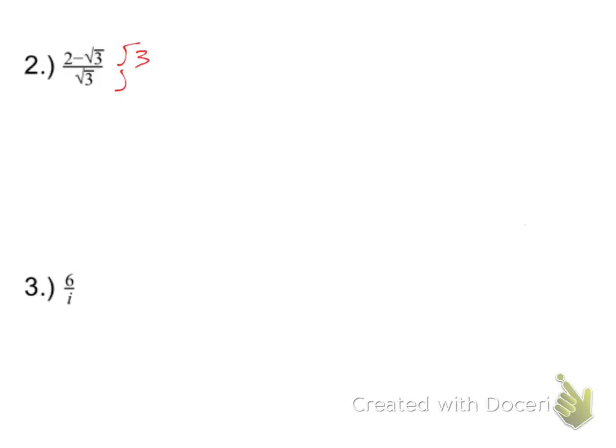Square root of 3, square root of 3. But the top, guys, has a binomial on it, which means you need to distribute it. Square root of 3 times square root of 3 is just 3. That's the nice part. We engineered it to turn into something nice.